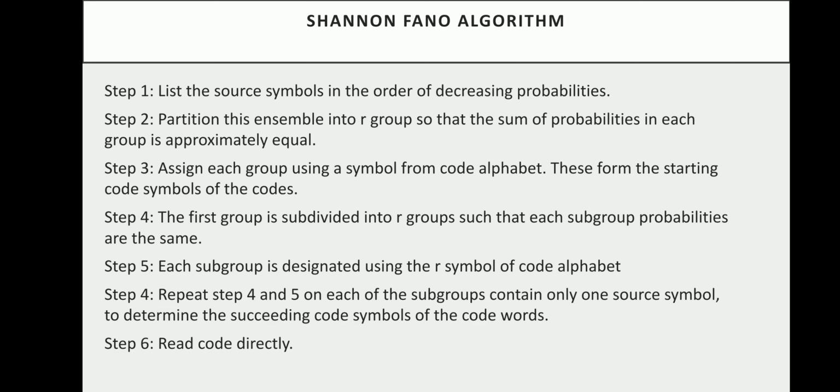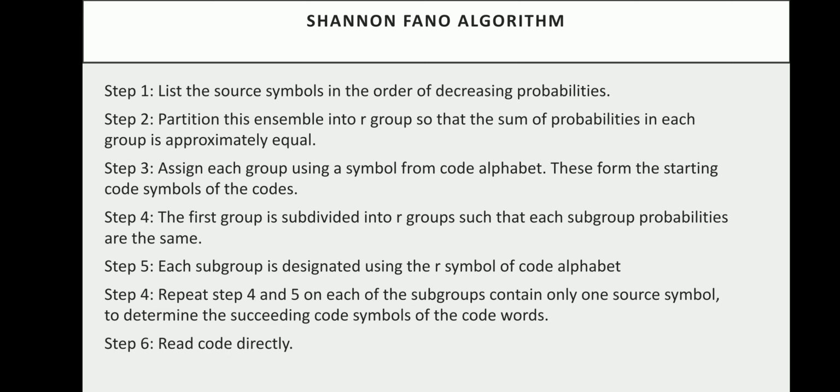So after grouping the symbols into R groups, each group is assigned a code symbol. The code alphabet consists of R symbols, so we are assigning one symbol from these R symbols to each group. Then again we divide each group into R subgroups such that the subgroup probabilities are the same.